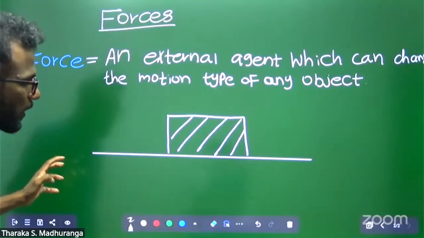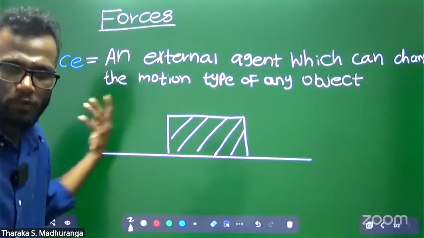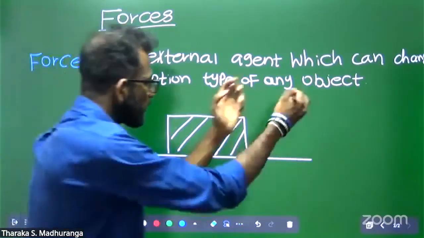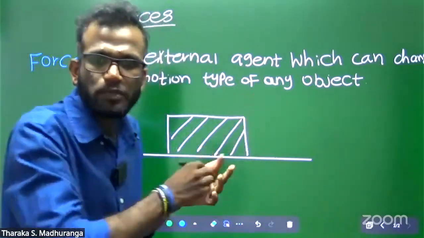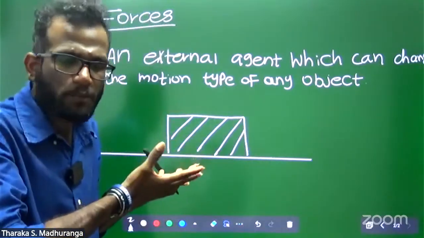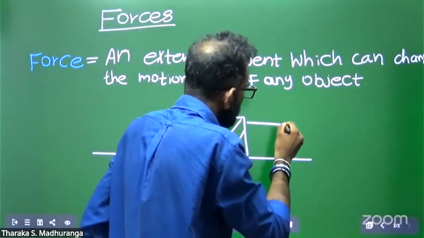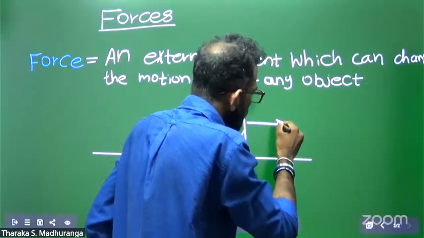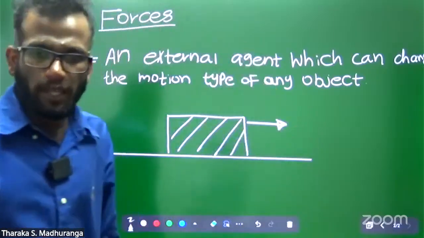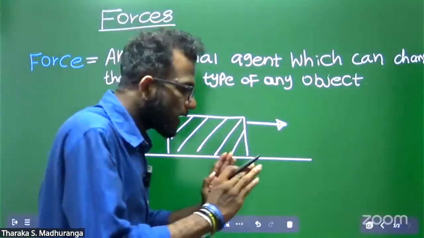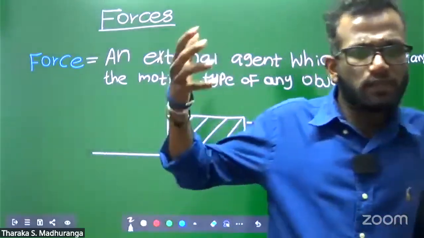When I give a push or pull, that is the external agent. Whatever external agent I apply on this object, we can change the motion type.